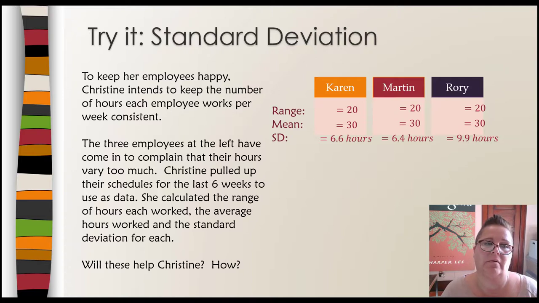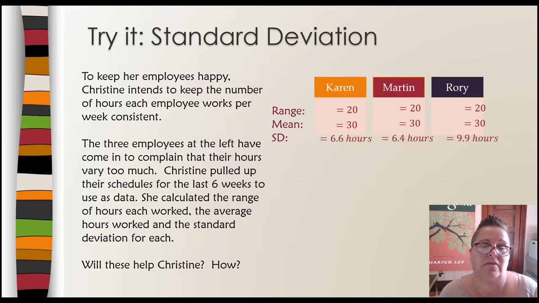Now, does this help Christine? If she sees that Karen has a range of 20 hours with a mean of 30 and a standard deviation of 6.6 hours, Martin has a range of 20 hours with a mean on average of 30 hours and a standard deviation of 6.4, and Rory has a range of 20 hours with a mean of 30 hours, standard deviation of 9.9 hours.